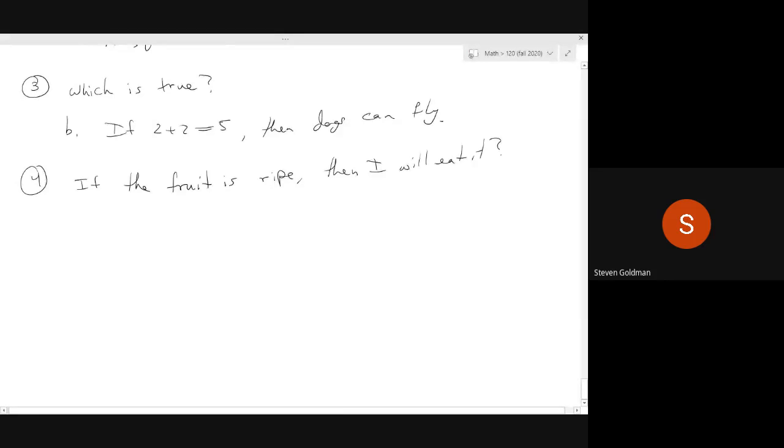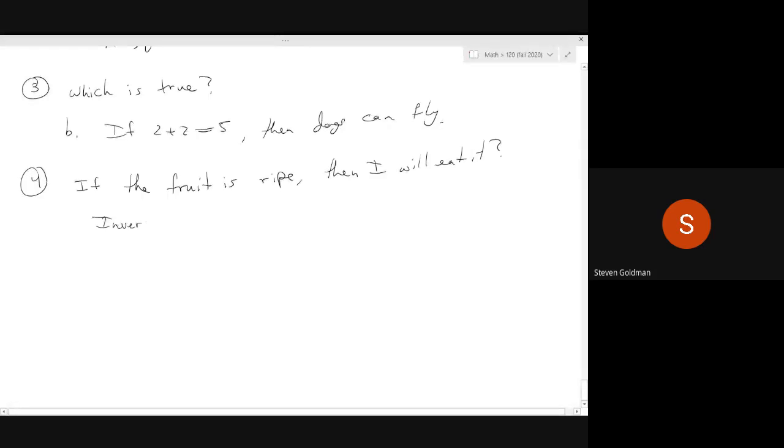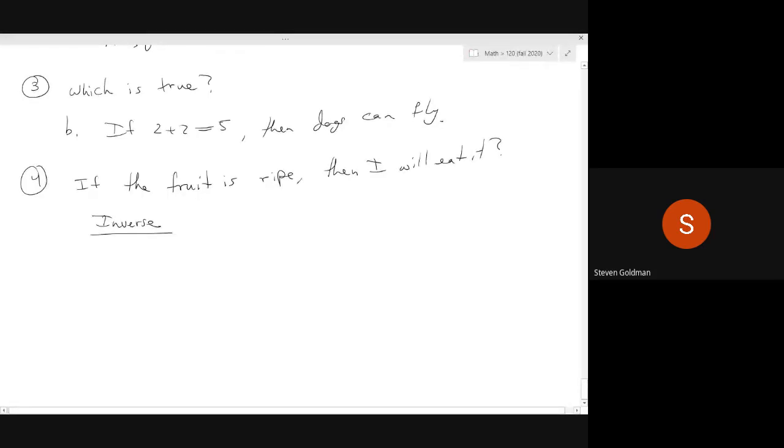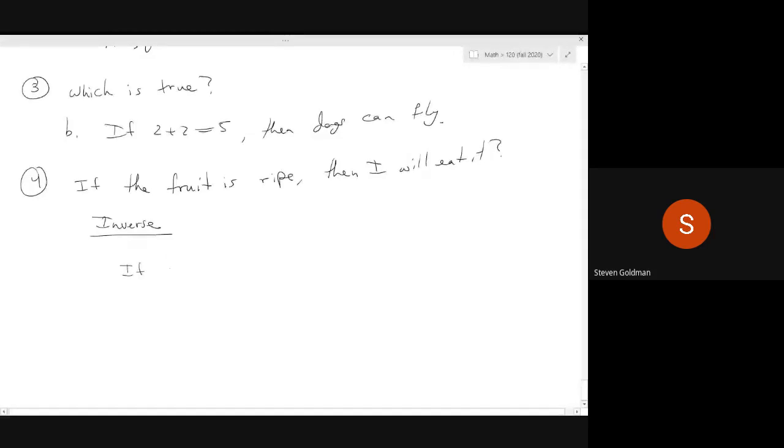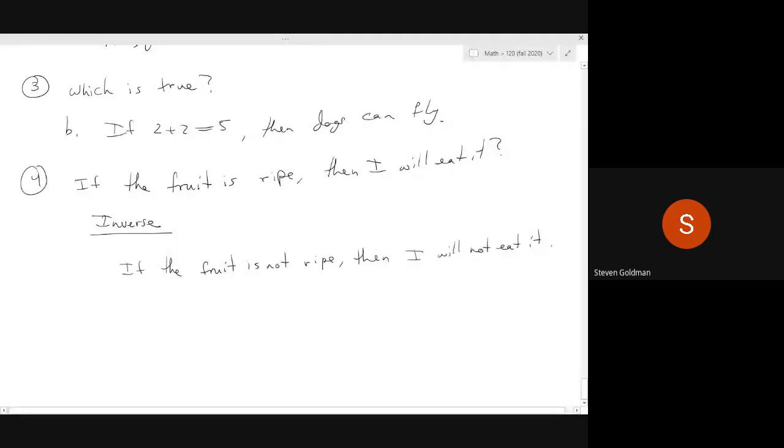We're looking for the inverse. The inverse means we negate both the hypothesis and the conclusion. So the inverse would be the sentence: if the fruit is not ripe, then I will not eat it. That would be the inverse.